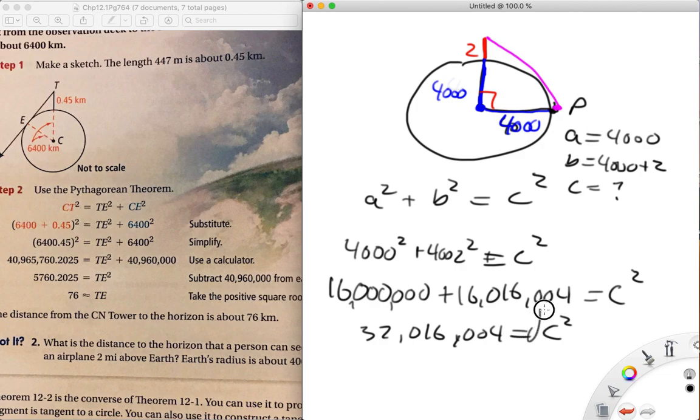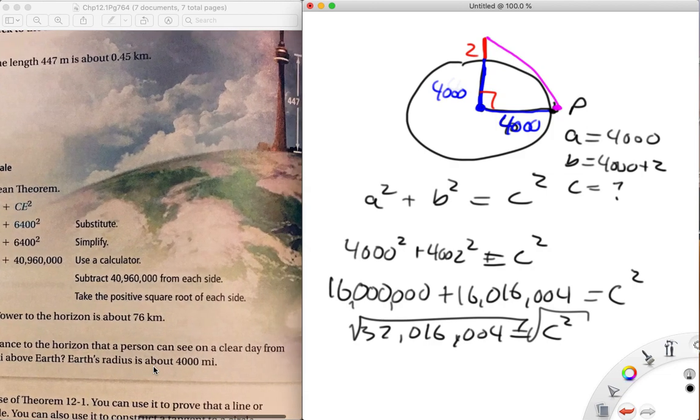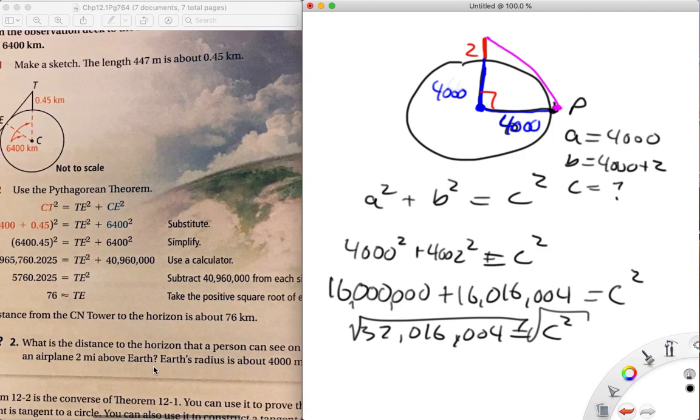We're going to square root both sides to get our distance. Well, let's find out.